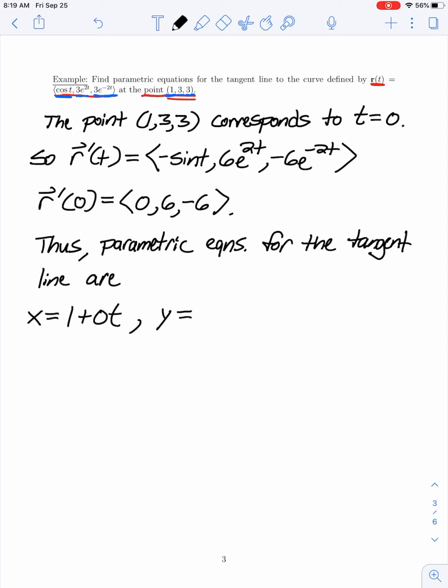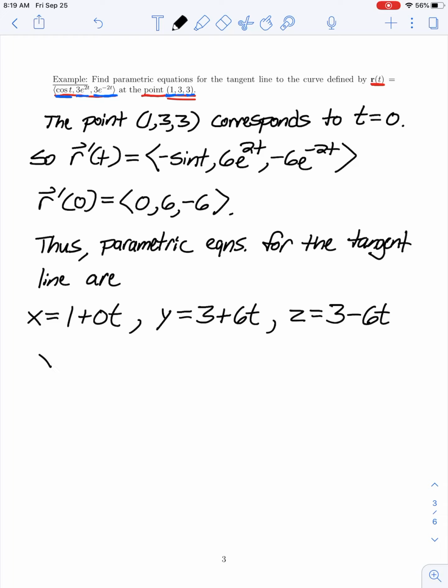Then y is found by taking the y coordinate for my point on the line, which was 3, plus the second component of my direction vector, which was 6 times t. And z is given by the z coordinate for the point on our line, which was 3, plus the third component from our direction vector, which was negative 6 times t.